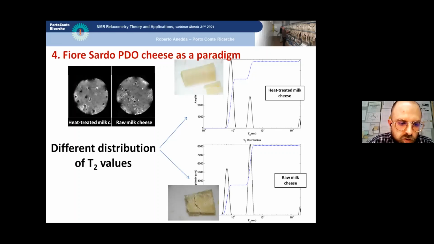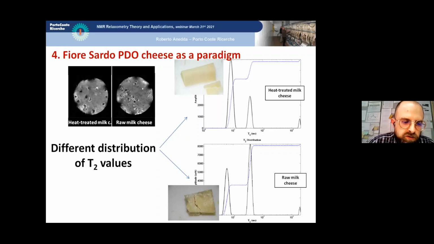Heat-treated cheeses are more homogeneous. They have a scarce amount of pores, and the paste is smoother. Upon cutting the heat-treated milk cheese, the cheese was cut very easily with straight lines.